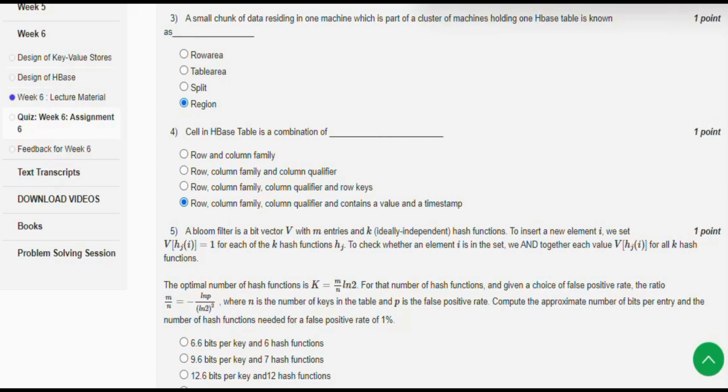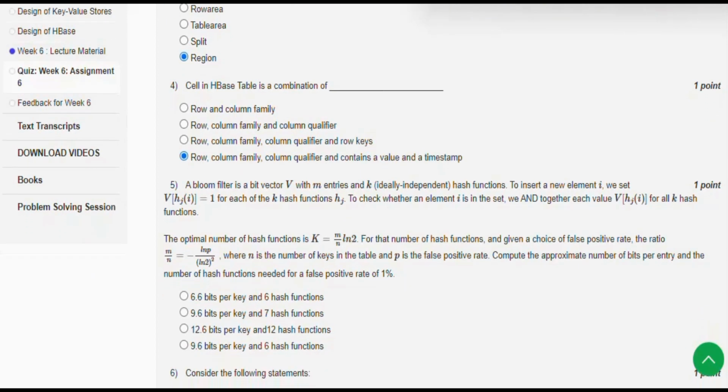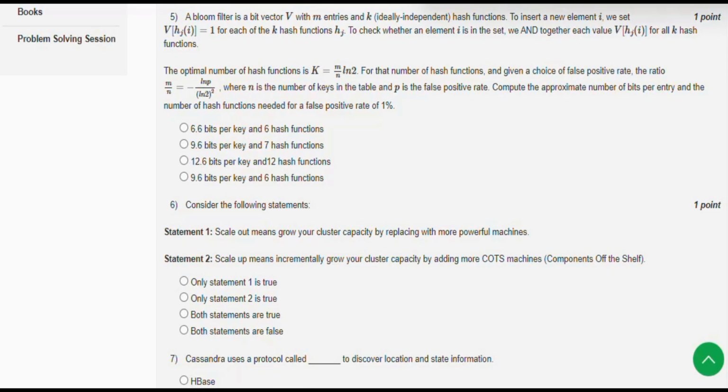Now moving into the next question, question number 5. Oh, that is a huge question. Okay, let's try to solve this. A Bloom filter is a bit vector V with m entries, and k, which is ideally independent, hash functions.